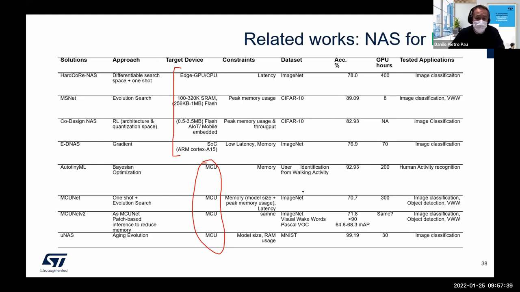And once again, these are based on techniques that were listed at the beginning: Bayesian optimization, evolution search, and so on. What are the constraints? Memory, model size, latency, and RAM usage. These are the constraints, exactly what I was mentioning before, in line with the capability of our tools.